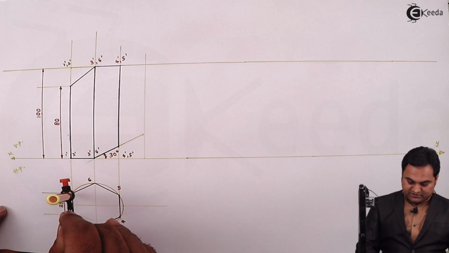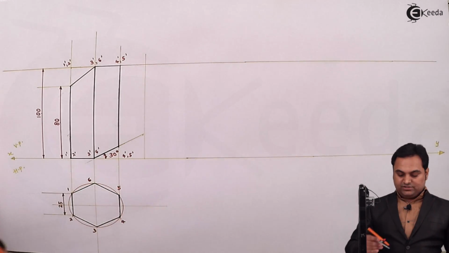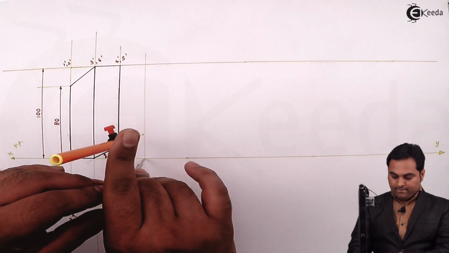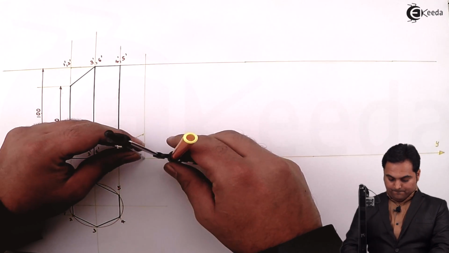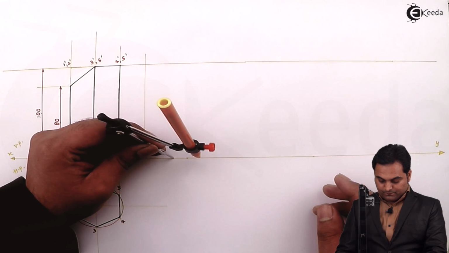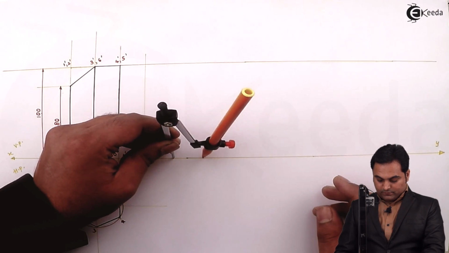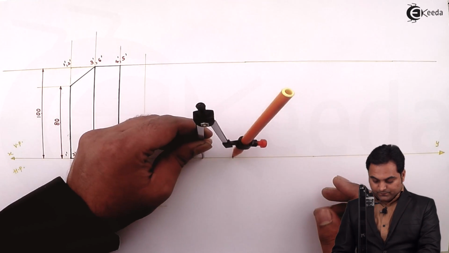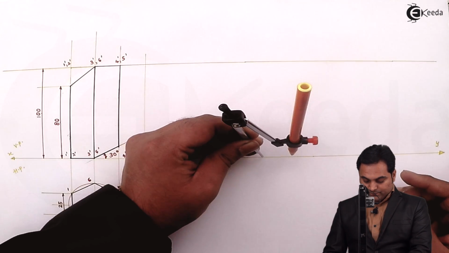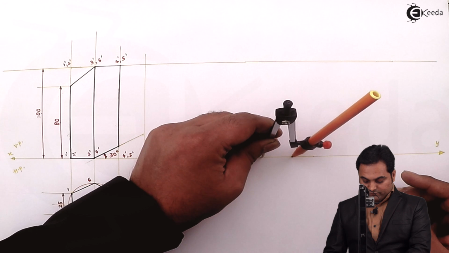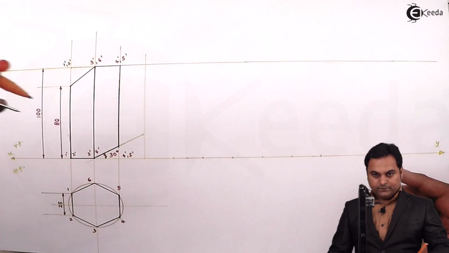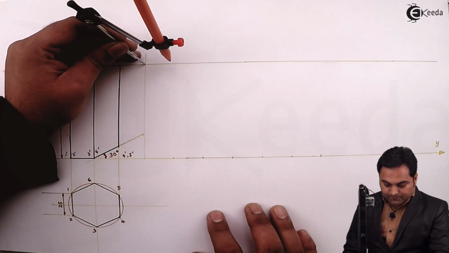25 mm edge of base. I am measuring this distance. So plotting it here. 1, 2, 3, 4, 5 and 6. Similarly from the top.